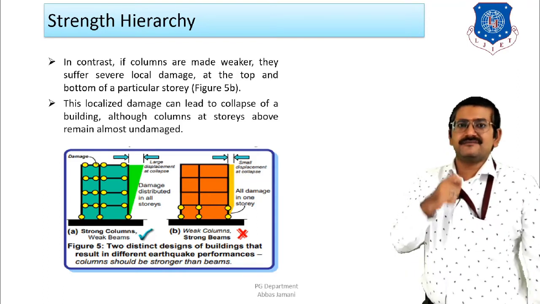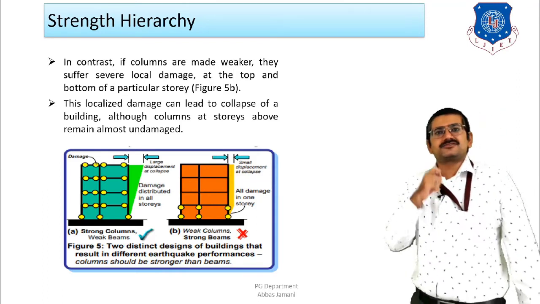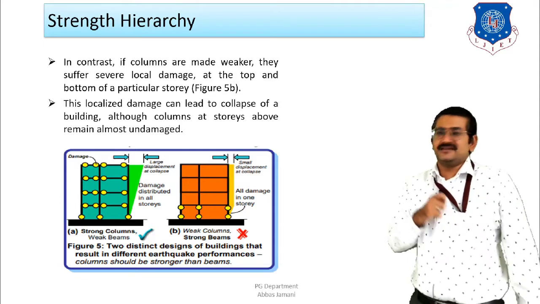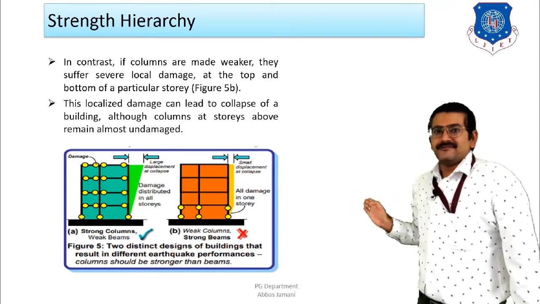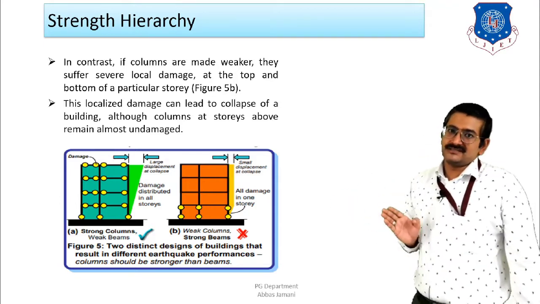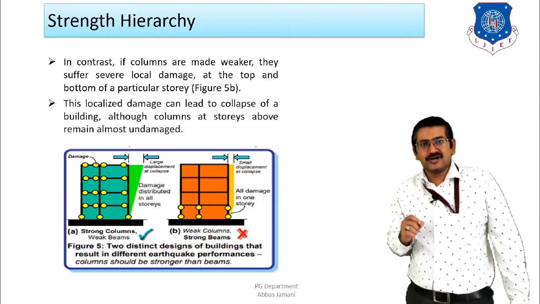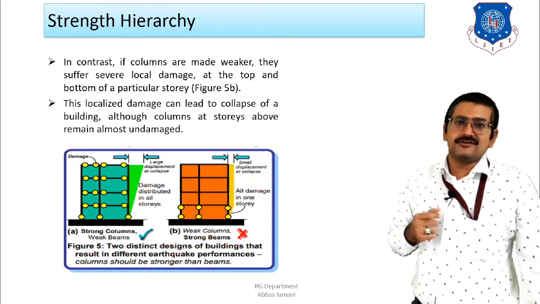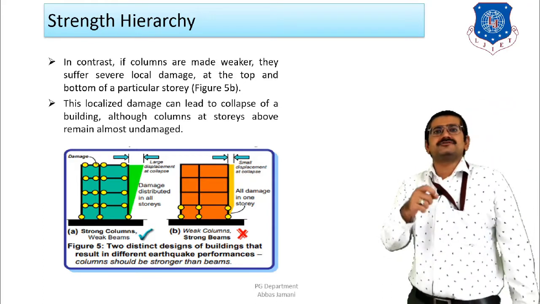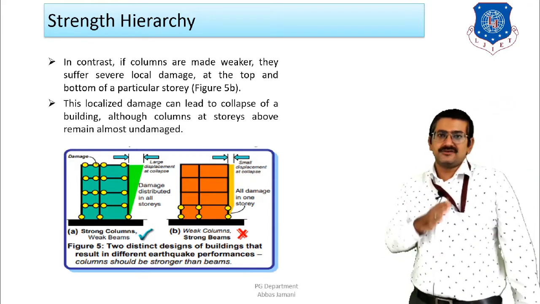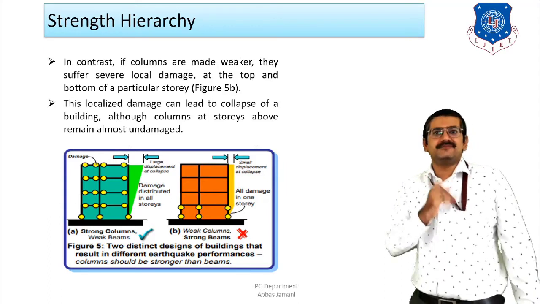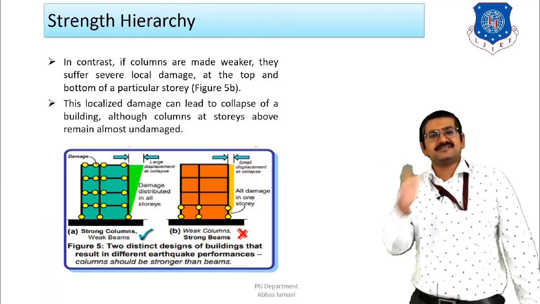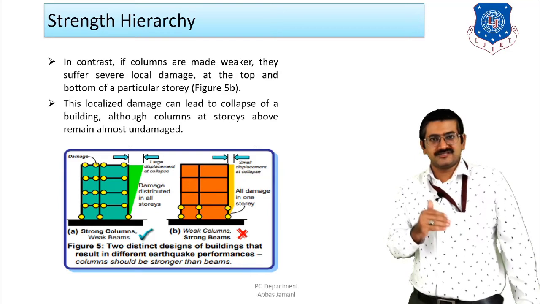So as a result, you can say that the strong column weak beam theory is accepted and the weak column strong beam theory is rejected. Why? Because the building is allowed to undergo large displacement, because the design philosophy is clearly saying that under no circumstances should the building collapse. So if you have the strong column weak beam theory, then large deformations are going to be possible.